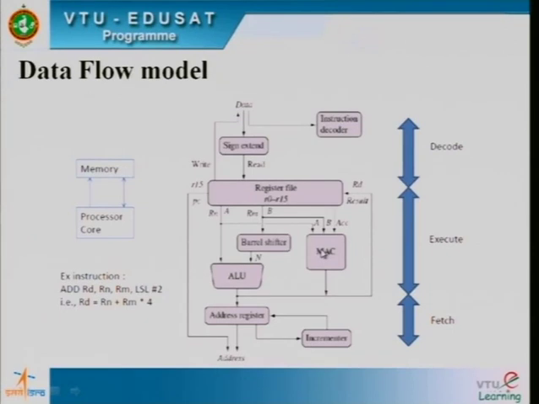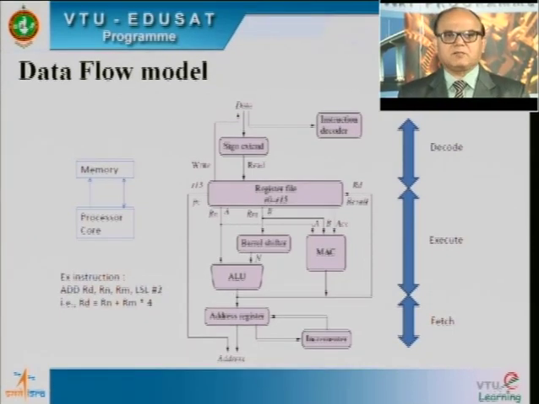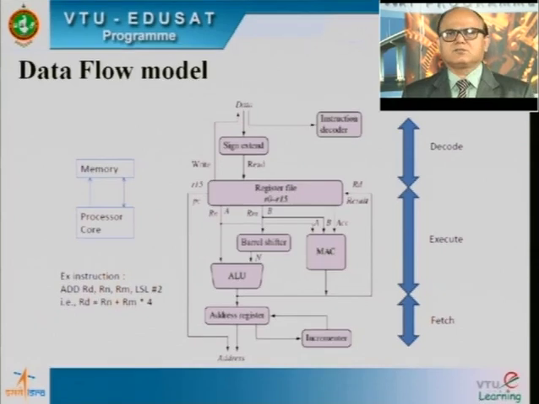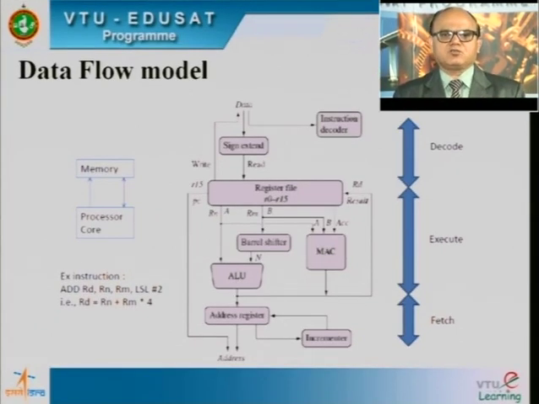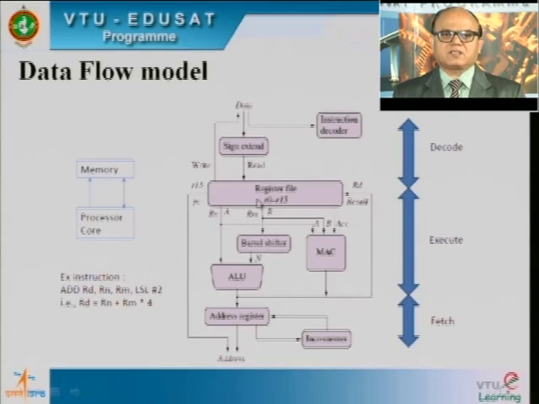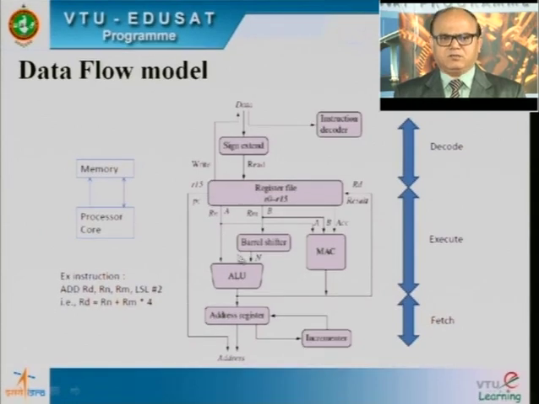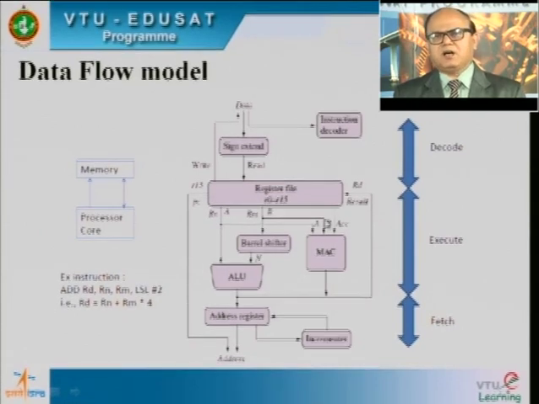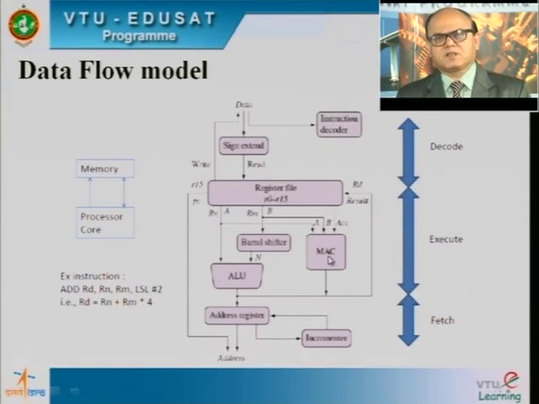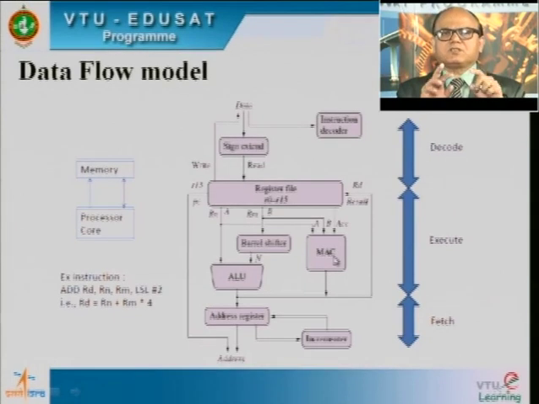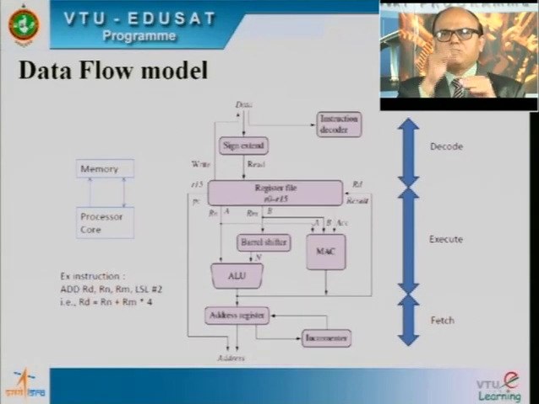Say I have a mathematical series, where I need to keep multiplying the two numbers fed through A and B. Say I call these input A and input B, and they are fed to the multiply and accumulate circuit, which will multiply the two numbers and keep accumulating the values.